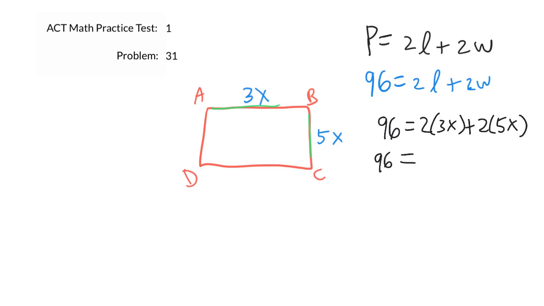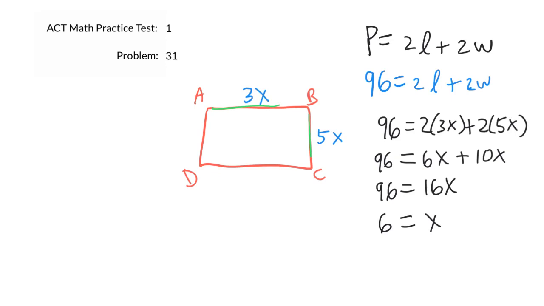Now, simplifying further, we're going to have 6x plus 10x, and then we have 16x equals 96, and therefore x equals 6.